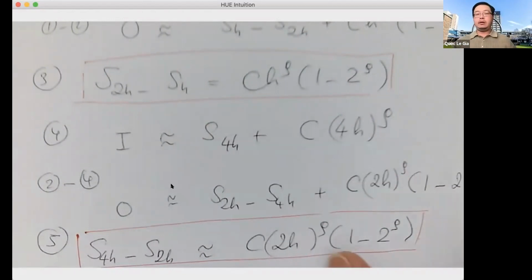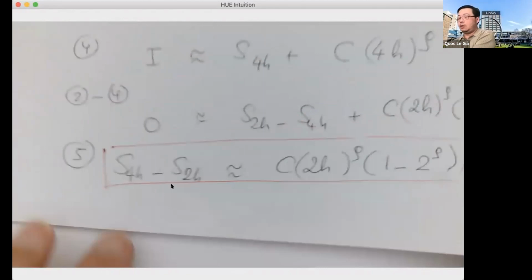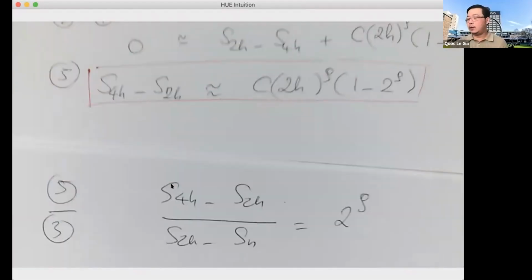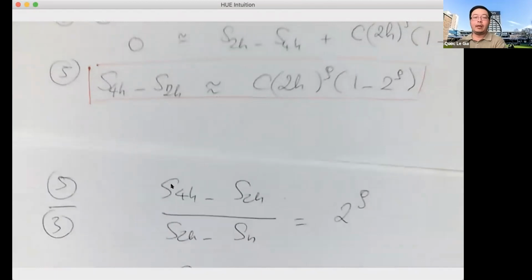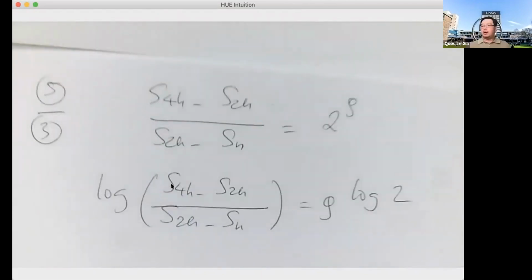So if you take the ratio, you get S_4h minus S_2h over S_2h minus S_h equals 2 to the rho. Taking the logarithm and dividing by logarithm 2, you get our rho.